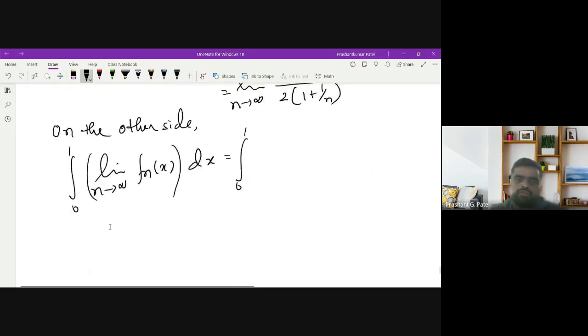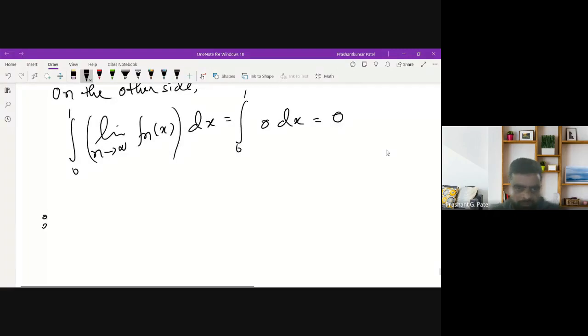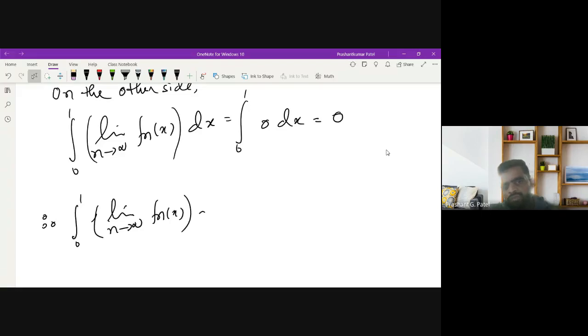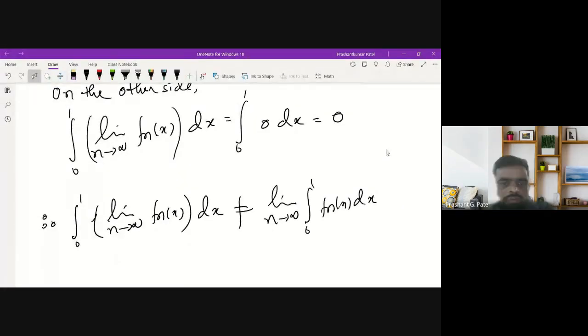So that's why this is 0 dx. So the answer is 0 on this side, and on the other side it is infinity. Therefore we can say that the limit of n tends to infinity of the integration from 0 to 1 of fn of x dx is not equal to the integration from 0 to 1 of the limit of fn of x dx. This will not be equal. That we can observe from this example.